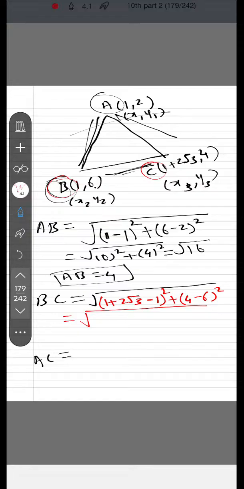See that 1 plus 2 square root of 3 minus 1, that term will get cancelled.